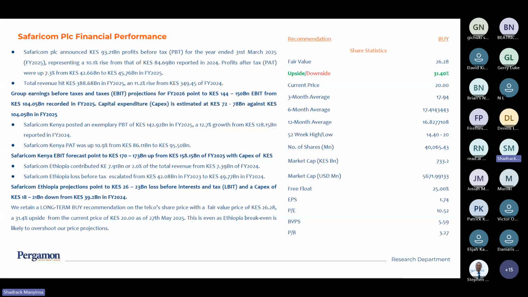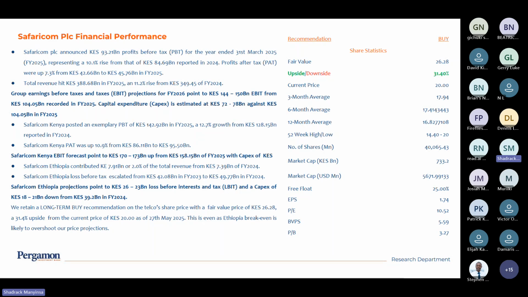Remember, Safaricom entered Ethiopia in 2022, so this is the third year of their operation there. Because of that, there was a drag on the profitability of the local unit, which saw group profit reported at around 93 billion for the year ending March 2025.